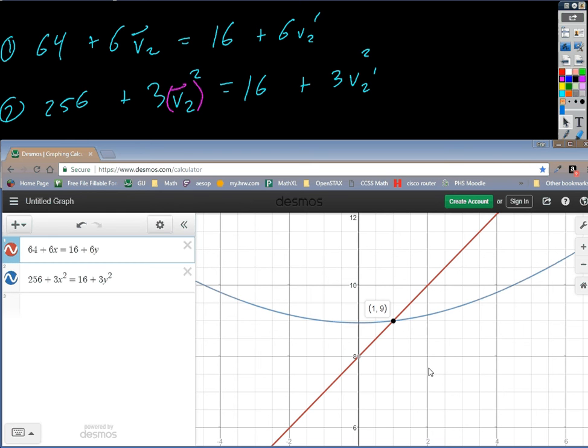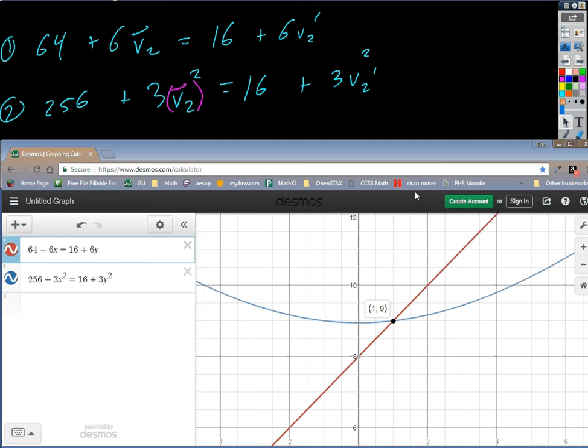So what's that tell us? Your initial speed and your final speed. Initial velocity for object 2 is 1 meter per second, and the final velocity is 9 meters per second. Let's just see if that makes sense. You always want to look at stuff in physics and say, does that seem reasonable, right?